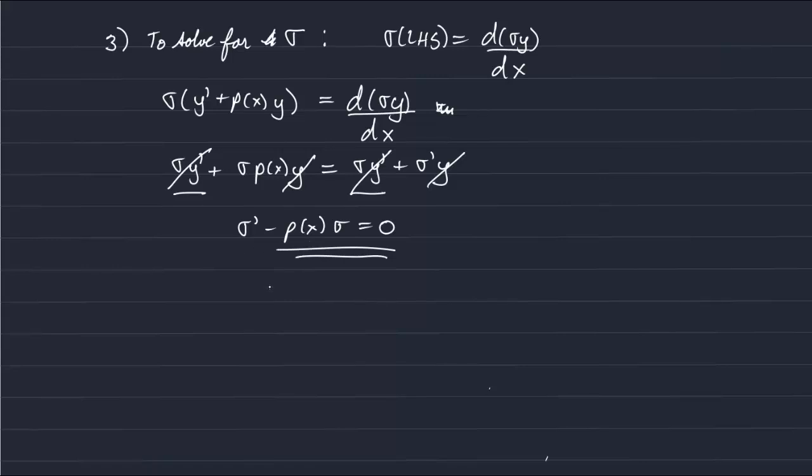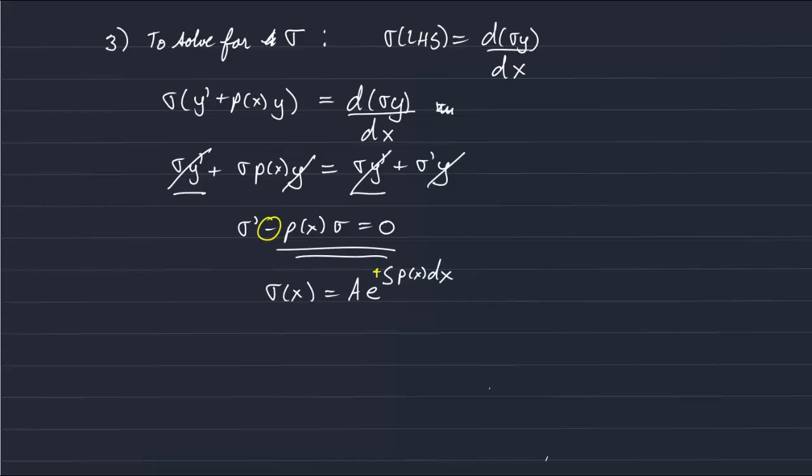I won't go through the steps, but the solution for sigma is just equal to a e to the integral of, in this case, positive p of x dx, because we have the negative sign next to the p. So this is a positive p of x dx.